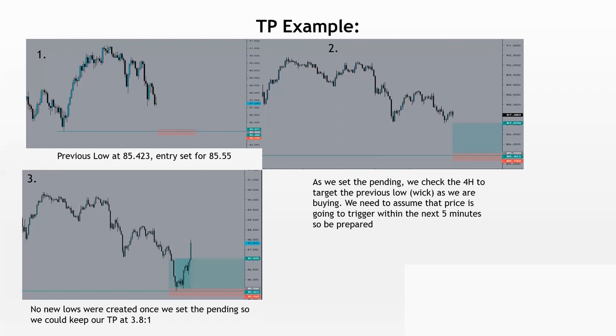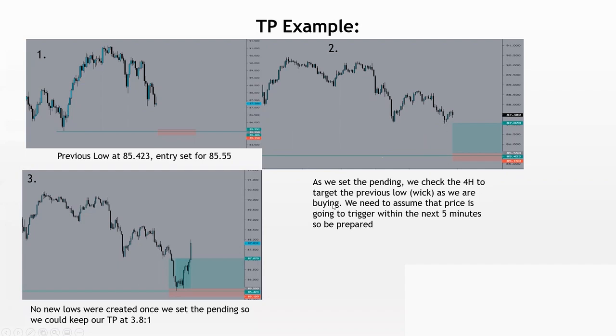So because the round number is first, we are just going to add 5 pips and enter at 85.55. So you can set that pending now and just say, right, where is the most recent 4-hour low? So we check the 4-hour and target the previous low wick, which was there.